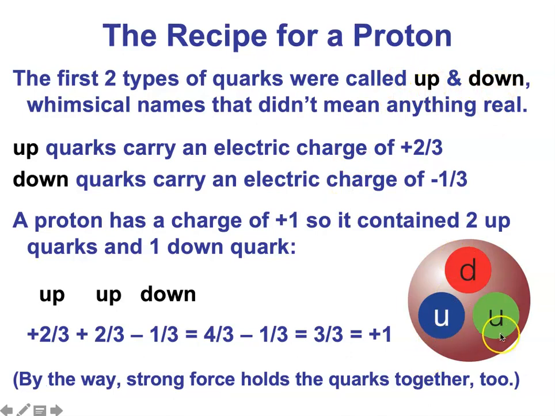Two up quarks and a down quark combine together to make protons. Two down quarks and an up quark make neutrons. So both protons and neutrons are made of these up and down quarks. And what holds these quarks together in protons and neutrons? That's also the strong force.